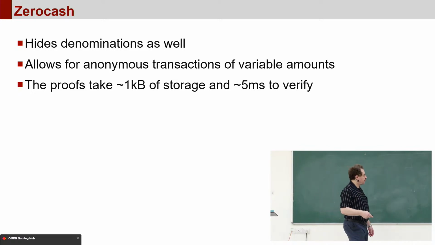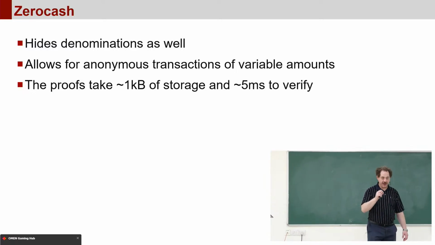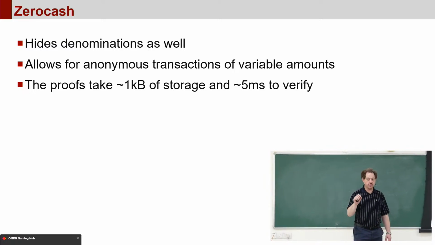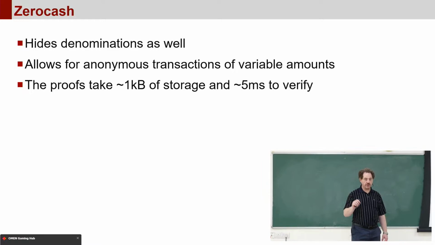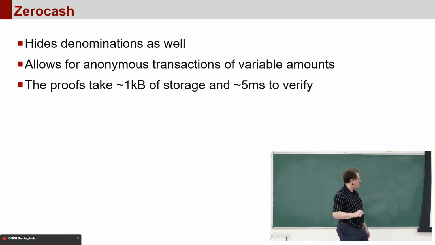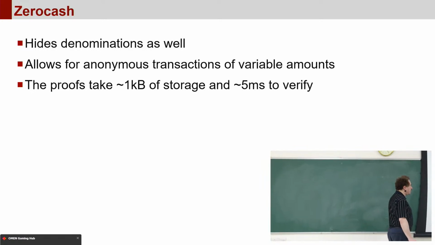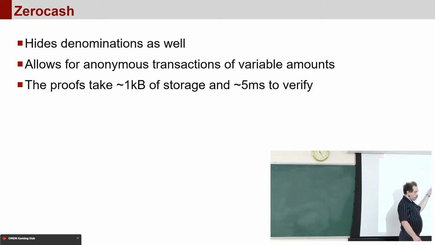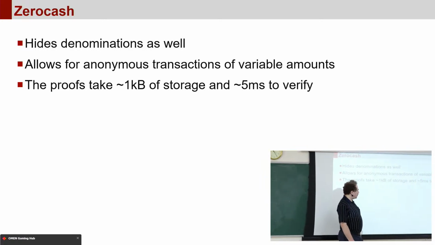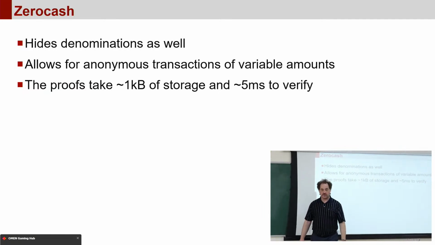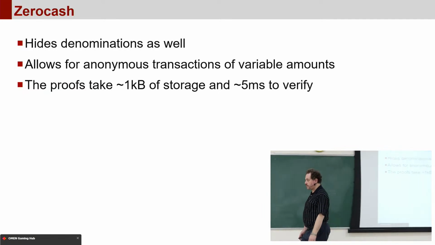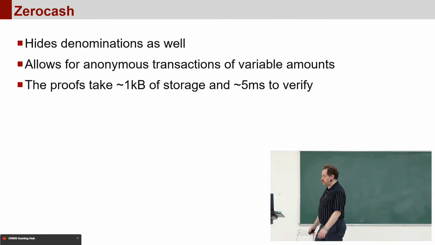And it allows for anonymous transactions of variable amounts, right? So not just one unit of currency, but an arbitrary amount. And the proofs are taking only 1 kilobyte of storage instead of 45 kilobytes, and were taking 5 milliseconds to verify. So the performance was also much better.